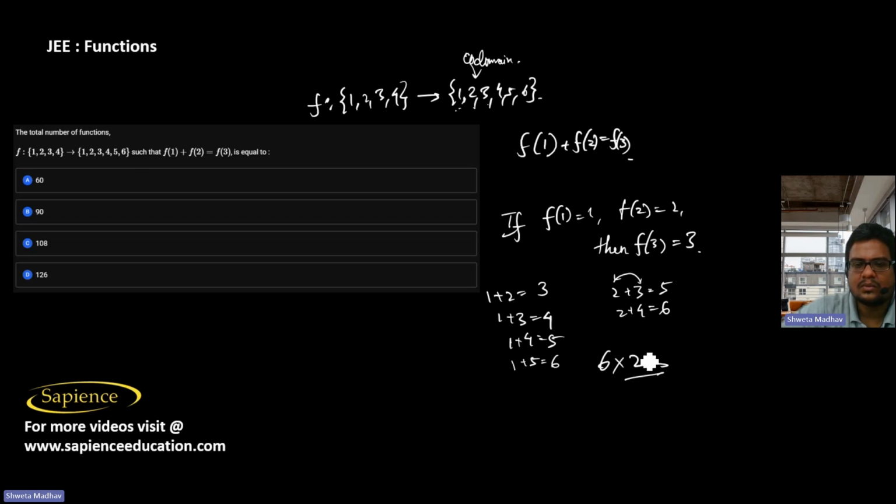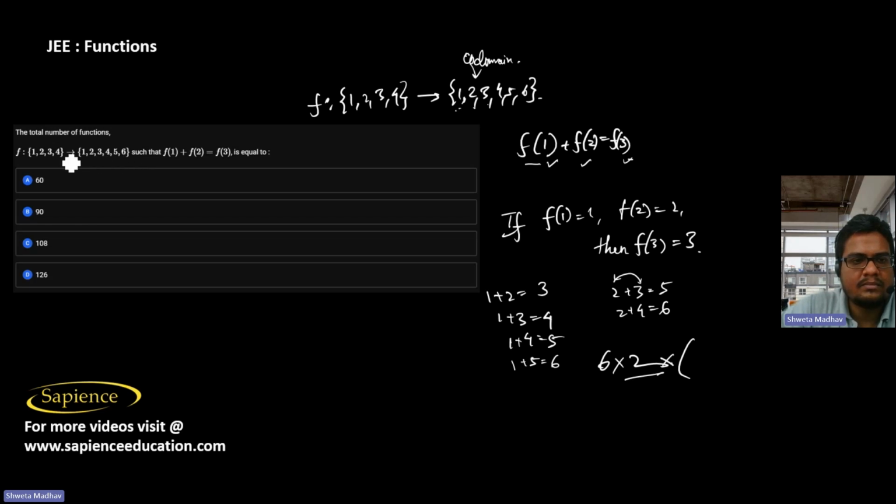In 6 into 2 ways we can choose f of 1 and f of 2, and f of 3 will be automatically chosen. So any 3 elements have been chosen.